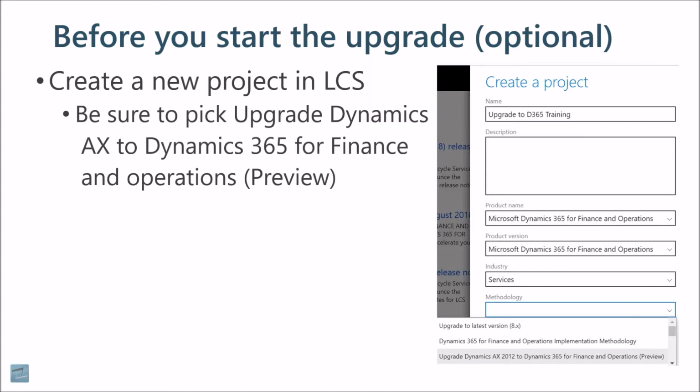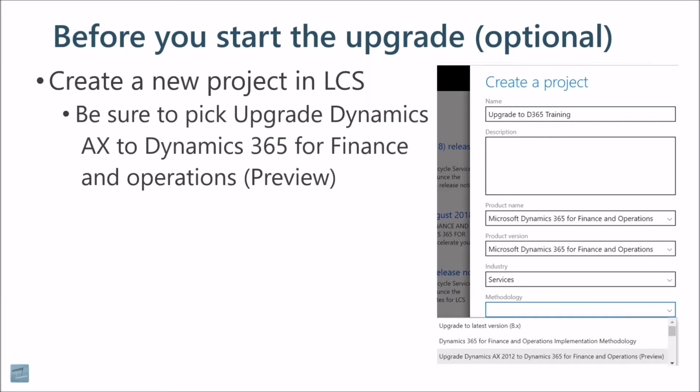But this Dynamics AX, in this screenshot, I went in and I created a project. I gave it a name. The name doesn't really matter. You can call it whatever you want there. The product would be finance and operations.